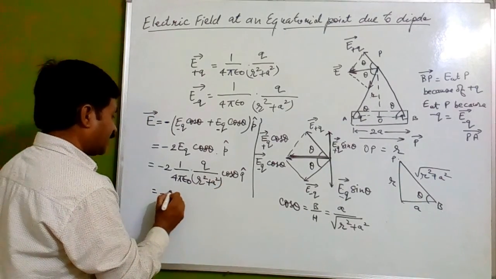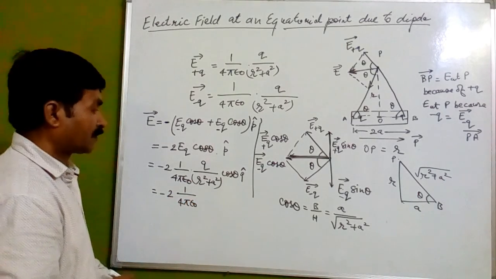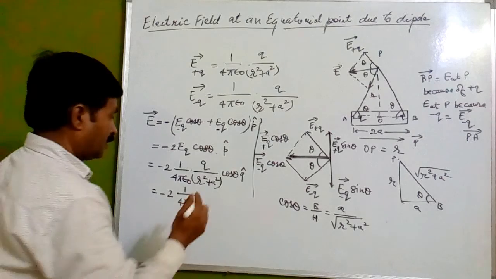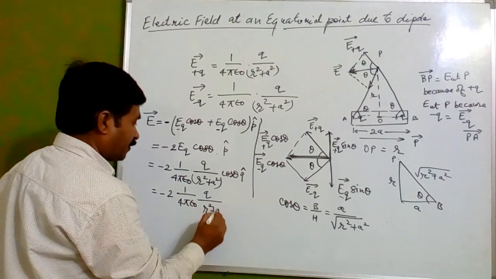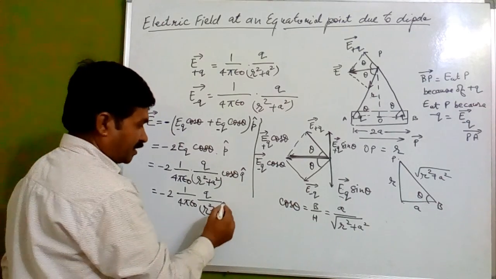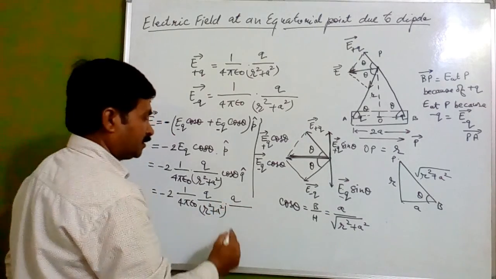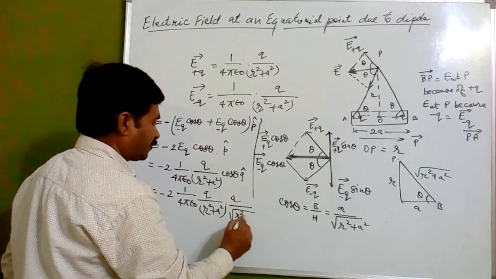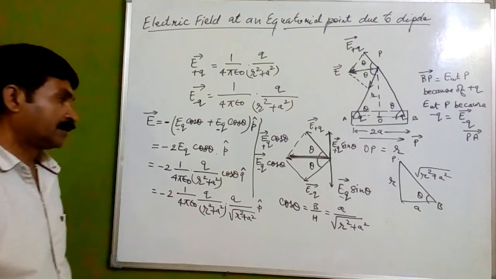So ultimately what we are getting is minus 2 times 1 upon 4 pi epsilon naught, q upon (r square plus a square), cos theta, which we take here as a upon under root r square plus a square, p unit vector.